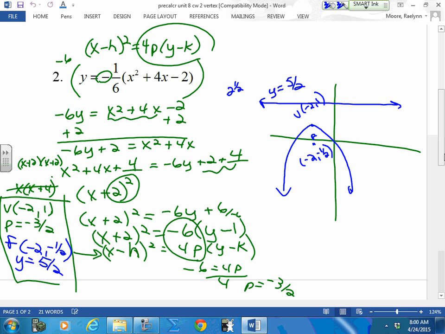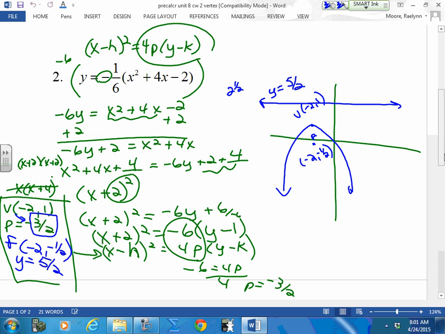But look at your formulas. When we use your directrix, we subtract it. So when you have a negative, it's the opposite. You're adding it. But regardless of that, catch this piece right here. This negative is going to tell you which way it's opening. The 3/2 is just going to do your movement. Up 3/2, down 3/2. Let the negative just be open down. Let the positive be open up.